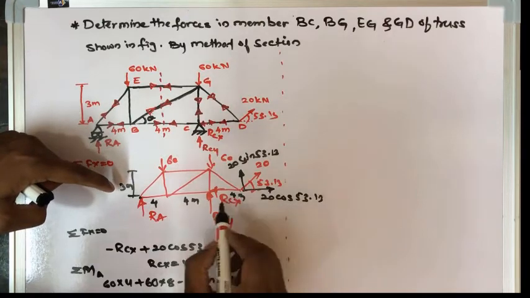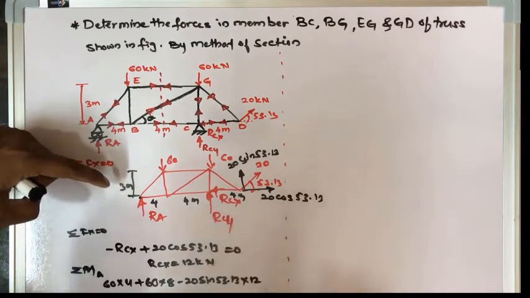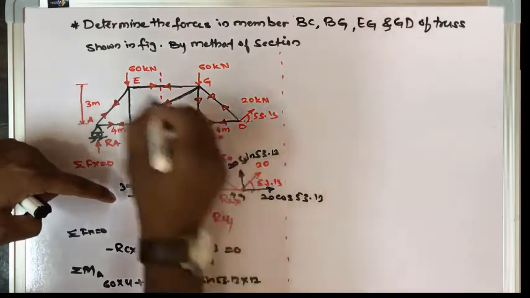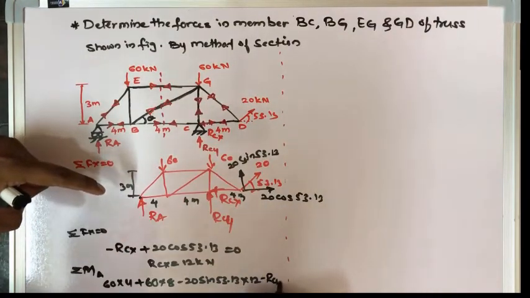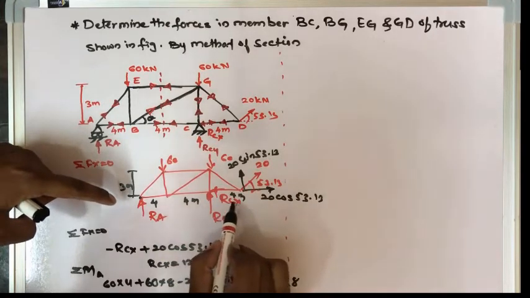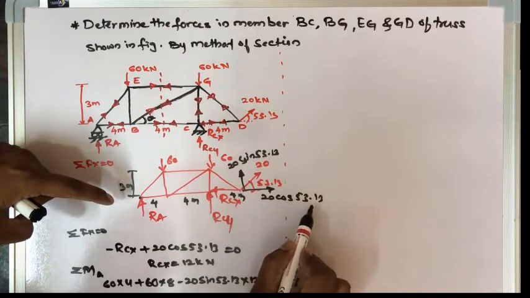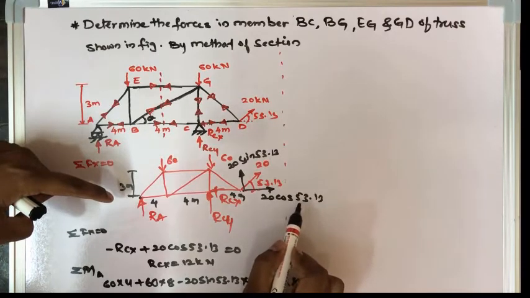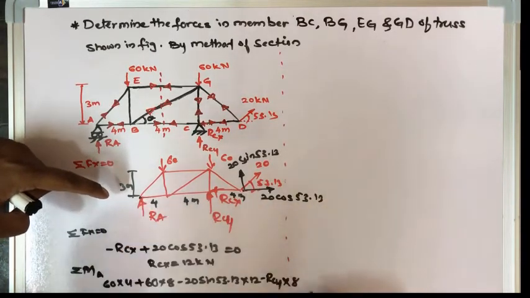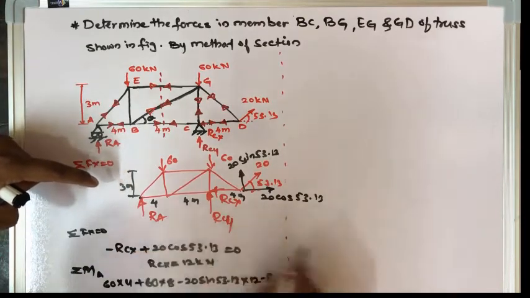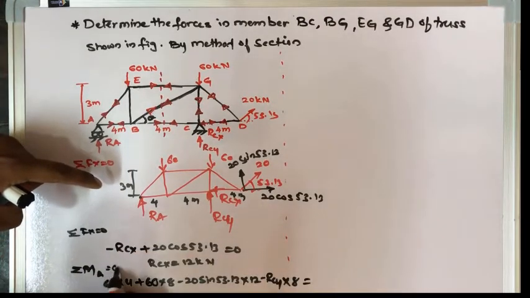Then come to this force, RCY moving upward, so it will create an anticlockwise moment, so minus RCY into 8. The moment due to RCX will be 0, and 20 cos 53.13 as well is 0, because the line of action of the force passes through the moment center. So that is equal to summation of M equal to 0.